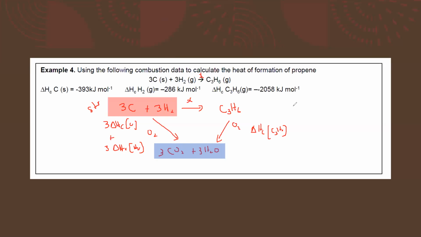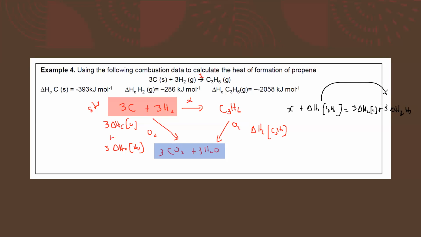So this will be X plus the standard enthalpy change of combustion of C3H6 equals 3 times the standard enthalpy change of combustion of carbon plus 3 times the standard enthalpy change of combustion of hydrogen.